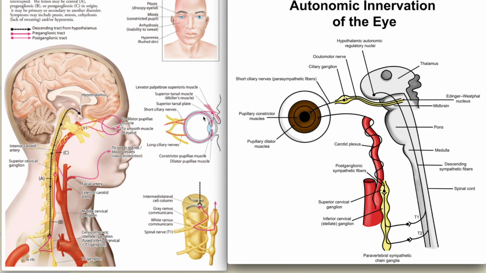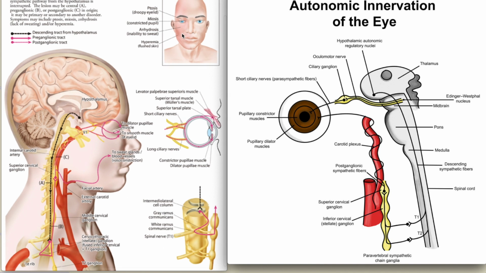Any disruption to the innervation of these muscles will cause the inability to properly raise the eyelid, and therefore the patient will present with a droopy eyelid. We ask the patient to open their eyes, but the affected eye cannot open up maximally.